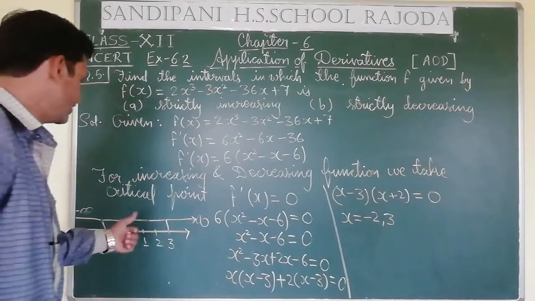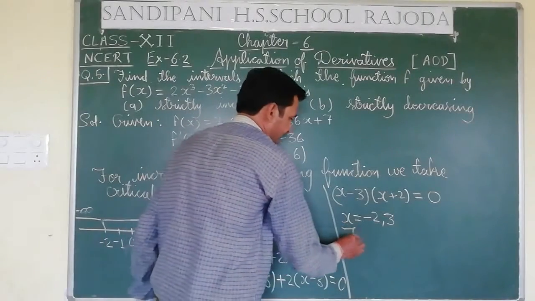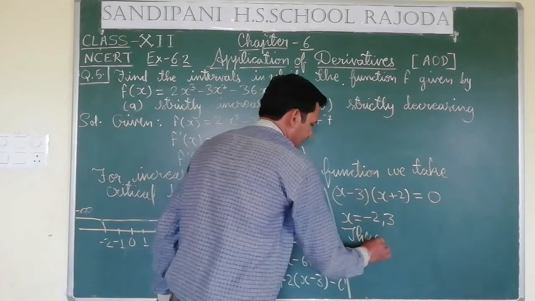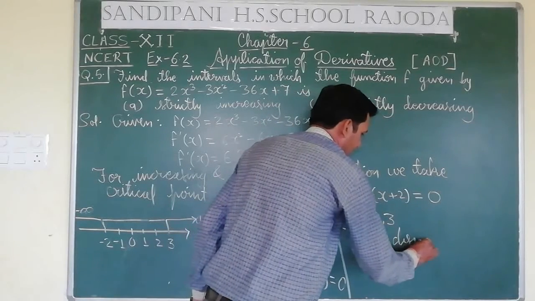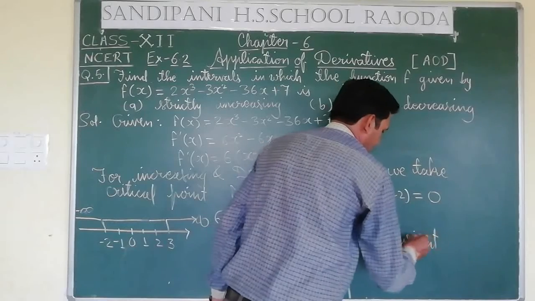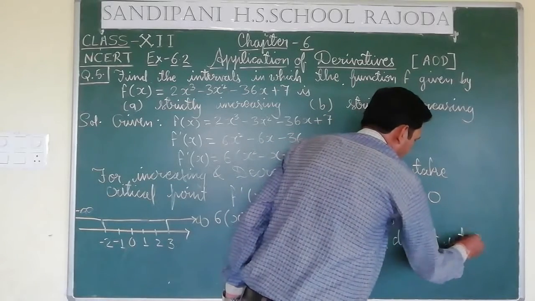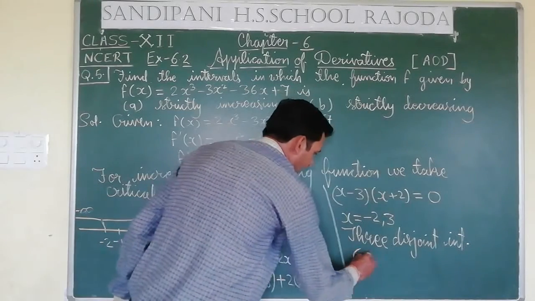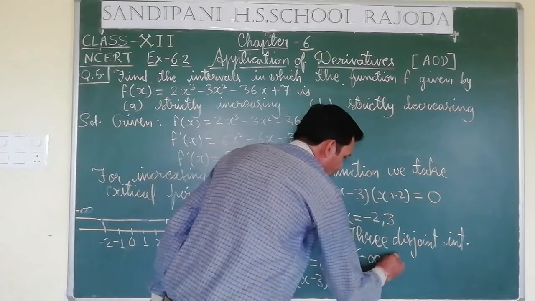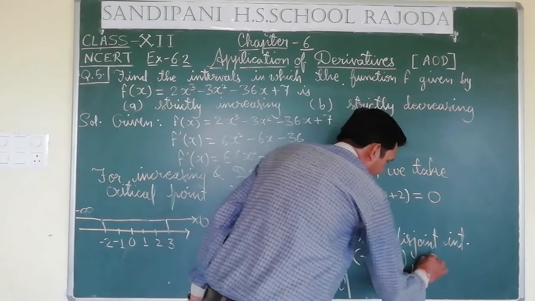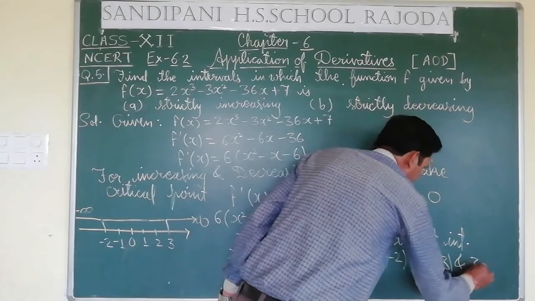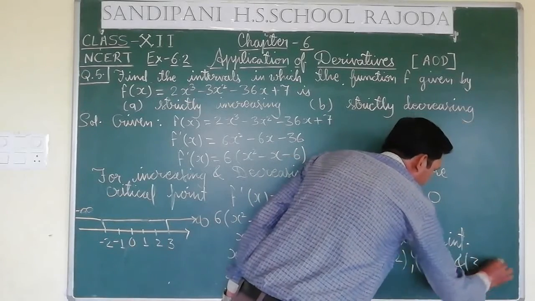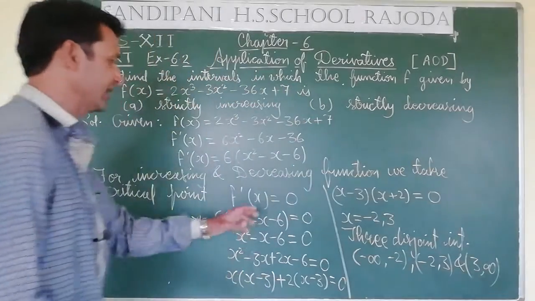So 3 disjoint intervals are there. What are they? Minus infinity to minus 2, minus 2 to 3 and 3 to infinity. So in 3 intervals we have to check it.